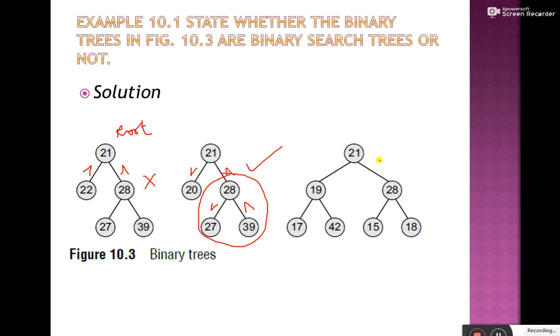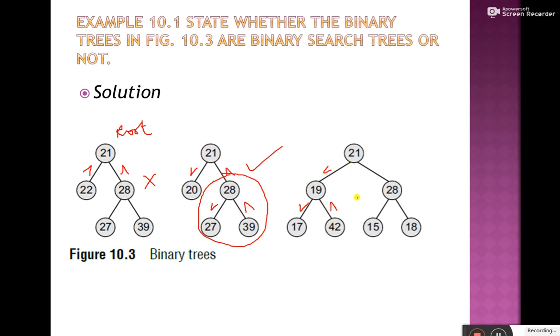Now if we consider this tree, here 21 is a root node, the left subtree has a value 19, which is less than 21, and now this 19, if we move towards its left, has a left child 17, which is less than 19, and it has a right child 42, which is greater than 19. But you can see this 42 is also greater than 21.